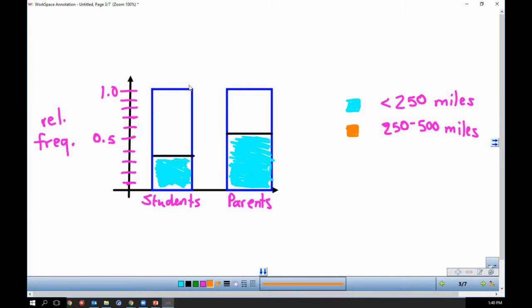So on 0.66, that's where I'm going to draw my line across. And then I'm going to color in this section with this orange.